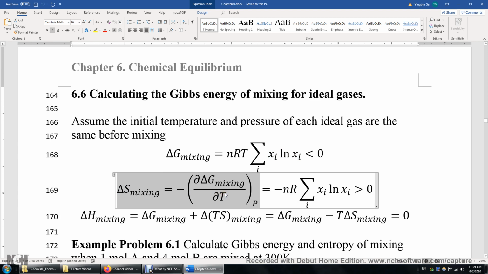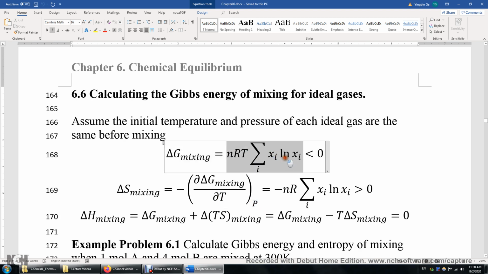Entropy equals negative dG over dT under constant pressure for two scenarios: before mixing, after mixing. And then we take the difference. And then we get the entropy of mixing is simply negative the first derivative of delta G with respect to temperature, again under constant pressure condition.